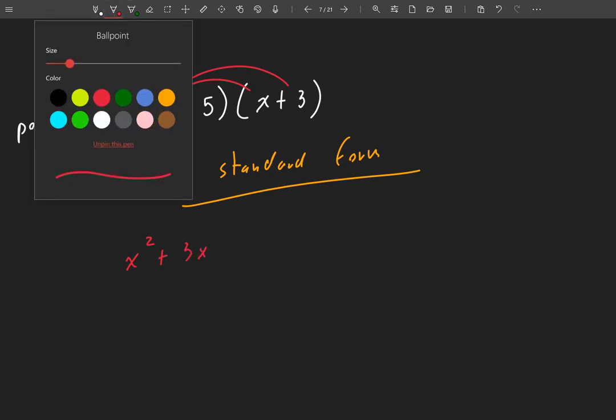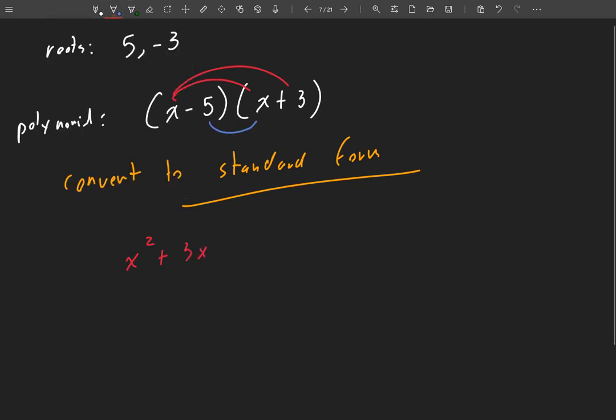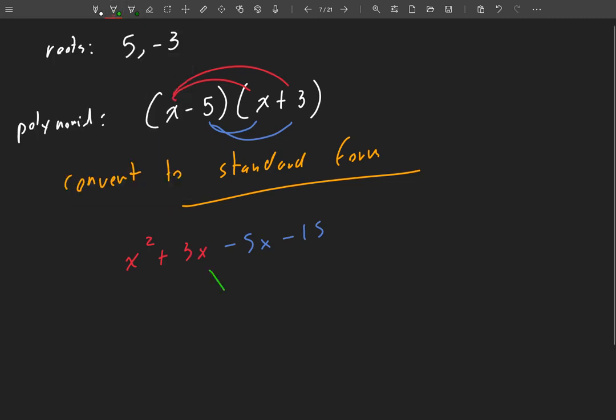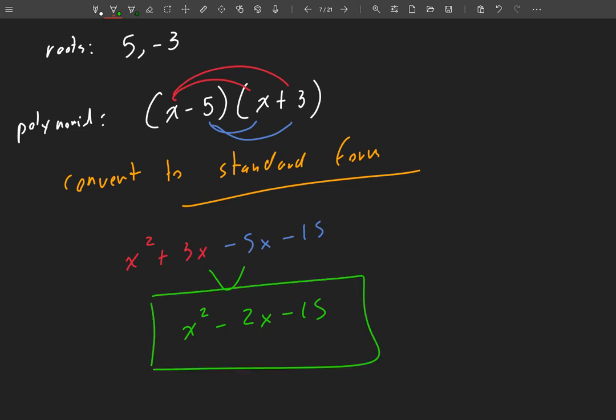And then negative 5 times x and negative 5 times 3 gives me negative 15. Right? And then remember, we would go down here and we would simplify this by taking these two pieces and adding them together. So we get x squared minus 2x minus 15. This is the standard form of the polynomial.